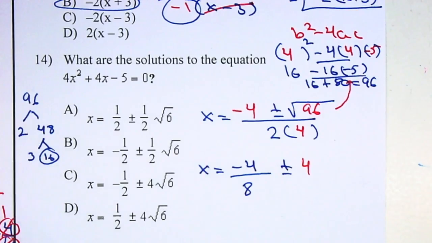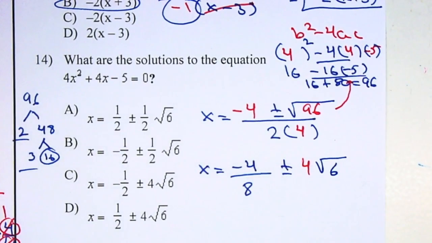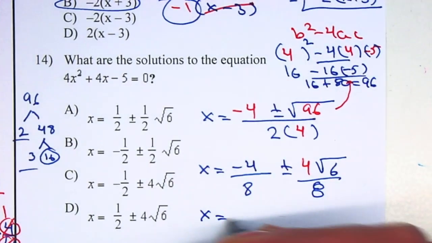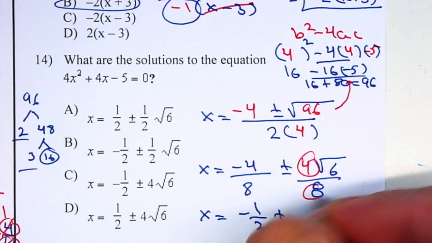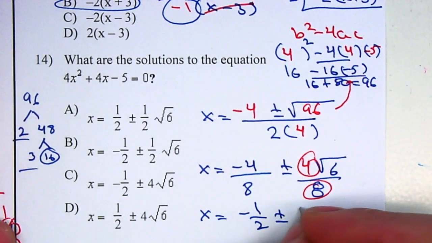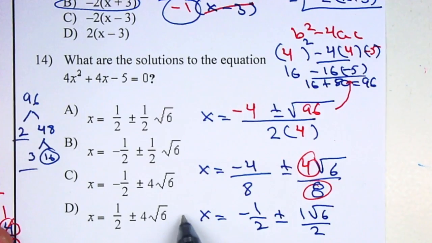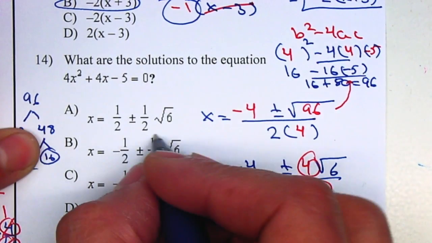So it'll be 4 outside, and inside I'm going to have a 2 and a 3, so the square root of 6. Then I'm going to divide it by 8 as well. x is equal to negative 1/2 plus or minus, reduce your fraction to 1/2 as well, so it'll be 1 square root of 6 divided by 2. So your answer is negative on the front, and that's letter B.